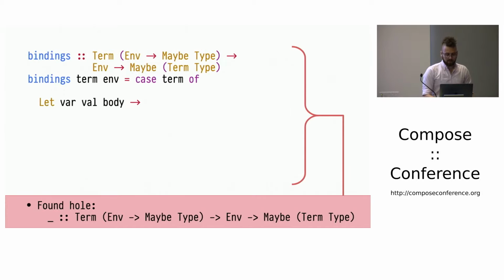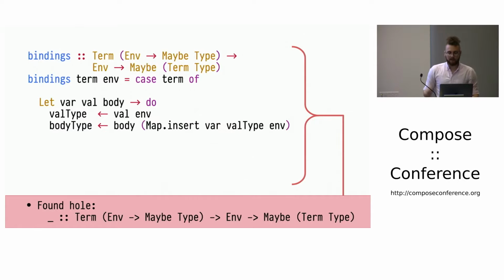And what I need to do is just say, well, if I have a let expression, then first look at the value type. So the value type I'm going to get by taking val, which is a function from environment to maybe type, and applying it to env, which is the environment that we got passed down from the top. Then I'm going to call body, which is again a function because we're pattern matching out of the let, right?